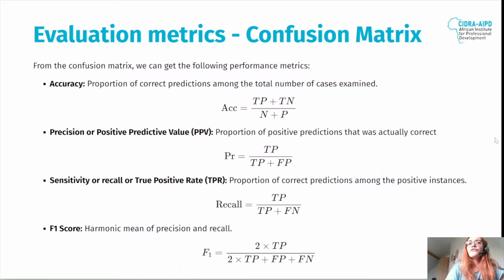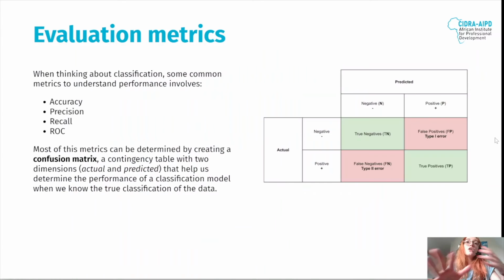From the confusion matrix, we can get a lot of evaluation metrics. The most common one is accuracy, the proportion of correct predictions among the total number of cases examined. The formula is true positives plus true negatives divided by N plus P, where N is negative and P is positive. To see what TP, TN, N, and P mean, you can go back to the matrix.